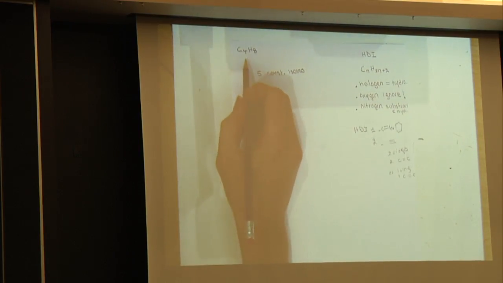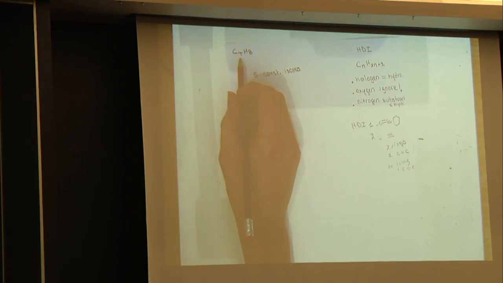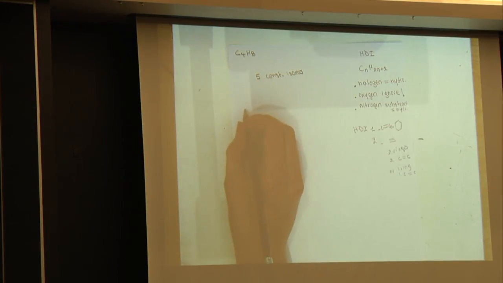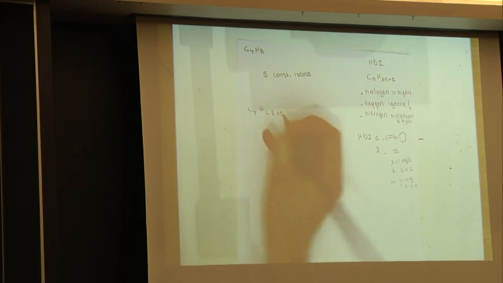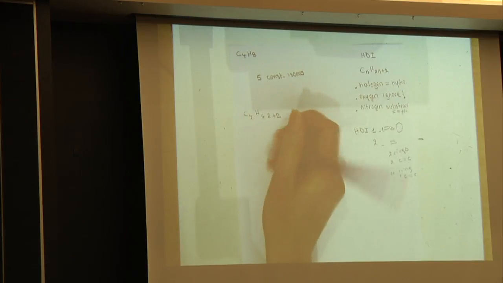So, what's my HDI here? So if I do C4, I would need to have H4 times 2 plus 2, right? So what would that be?